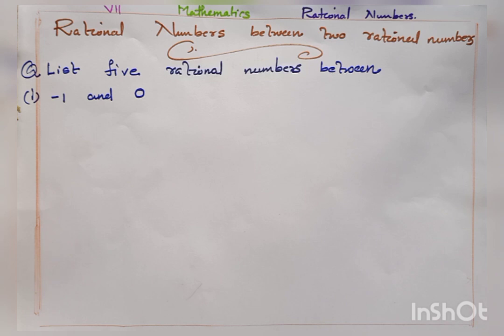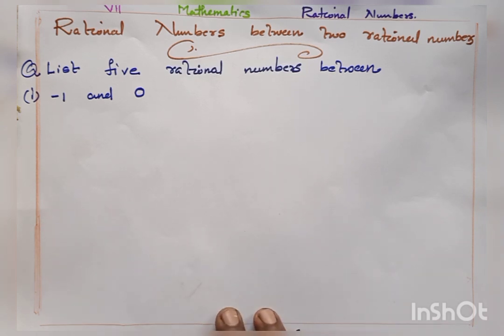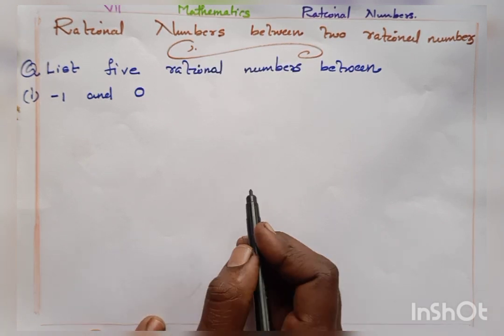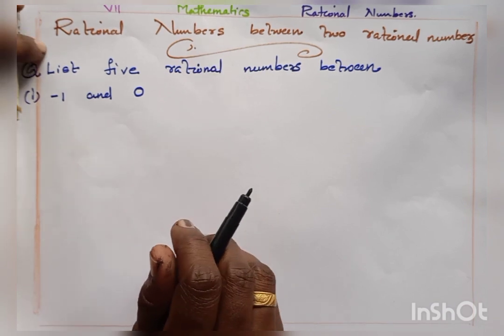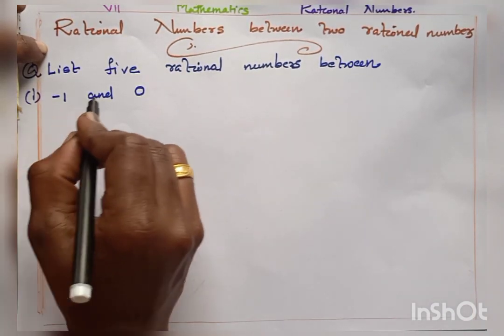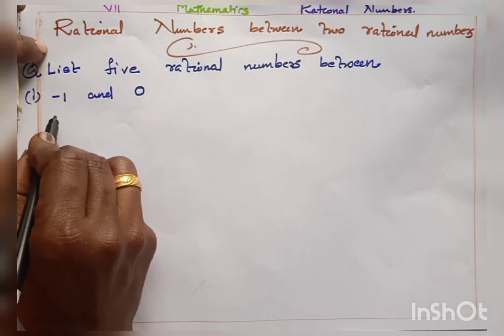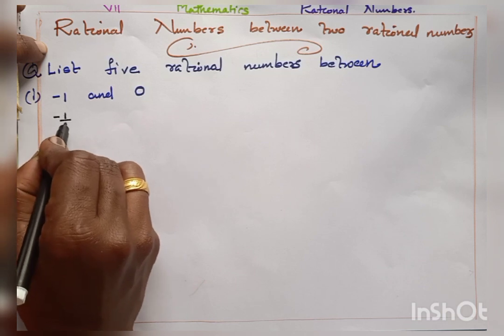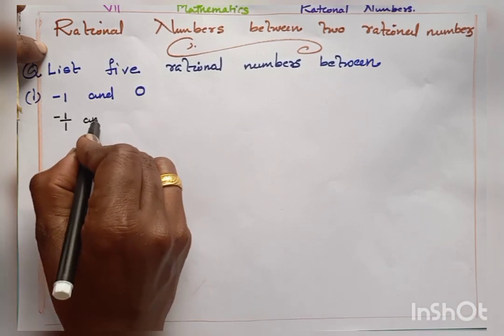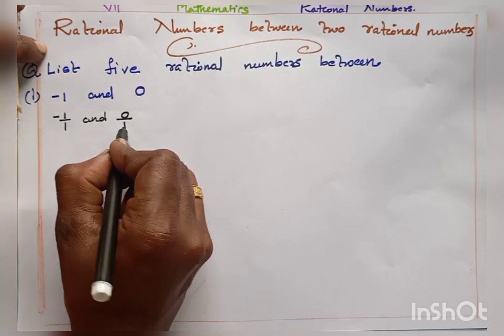Rational numbers between two rational numbers. List 5 rational numbers between -1 and 0. Listen, -1 and 0, we can write the rational number for -1 as -1 by 1 and 0 as 0 by 1.